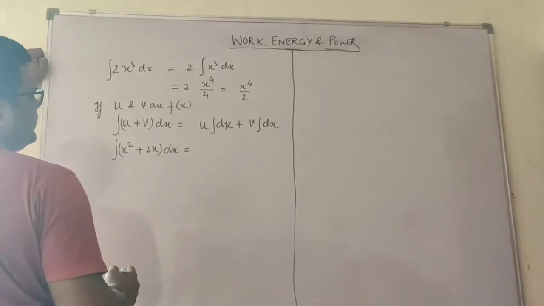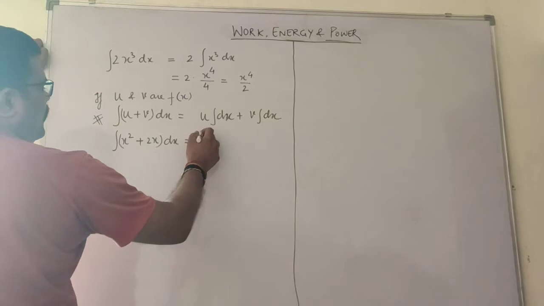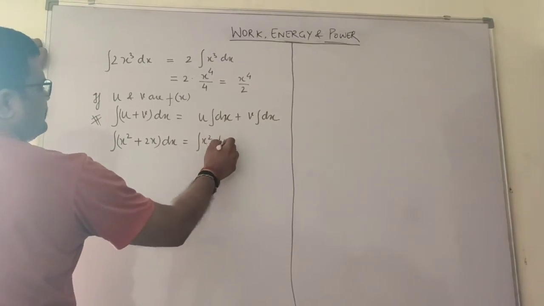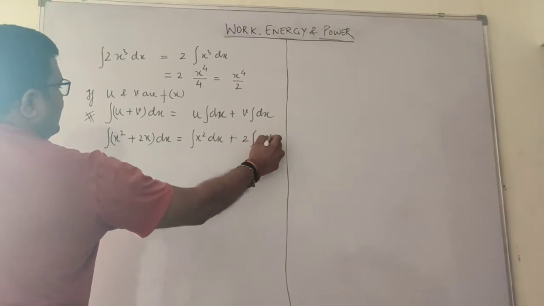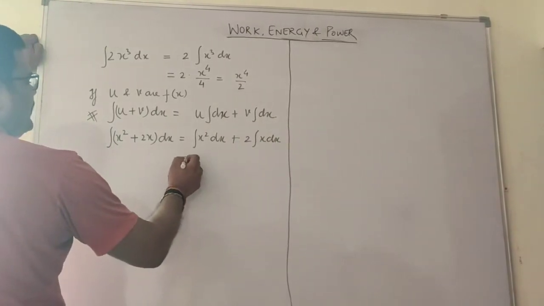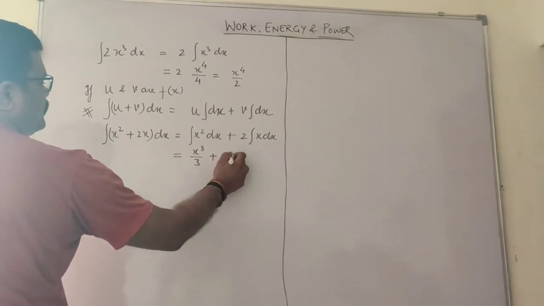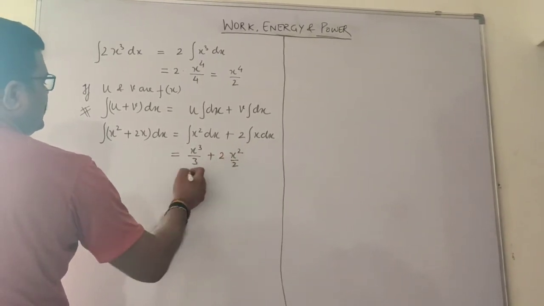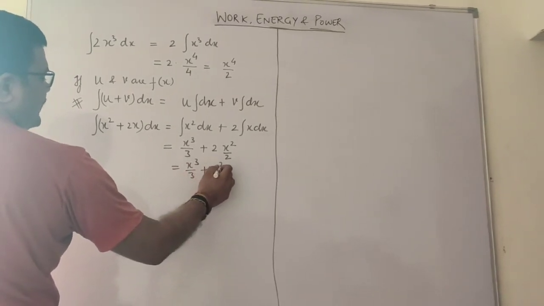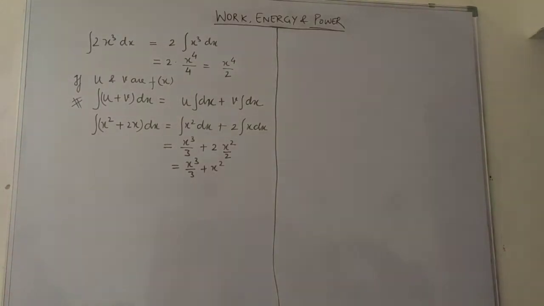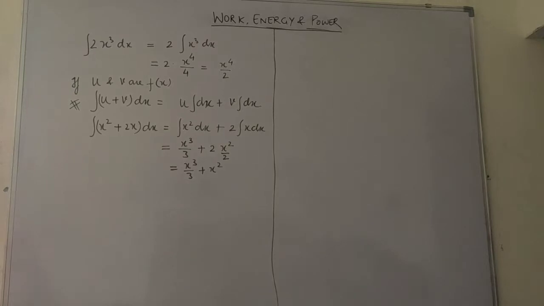So this will be the integral of x square dx plus 2, taken as a common constant, times dx. Now this is x cube by 3 plus 2x by 2, so the result is x cube by 3 plus x square. This is how you will solve when two functions are in addition.